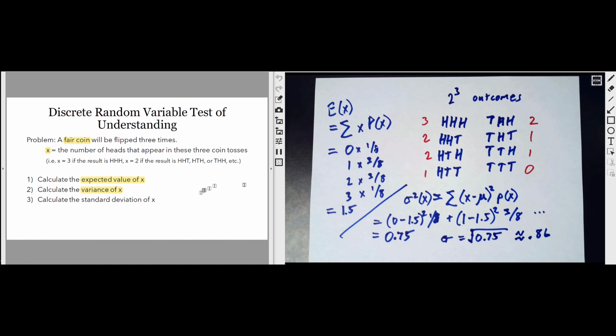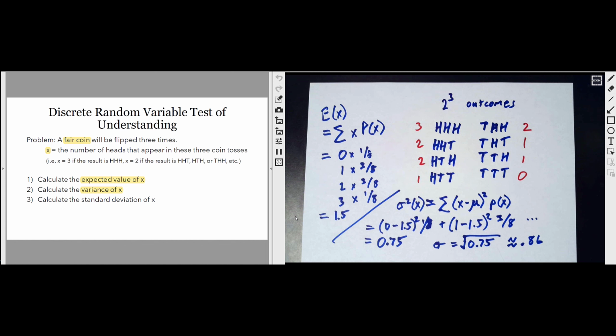discrete random variable follows a binomial distribution? We're simply counting the number of successes, the number of heads. So let us apply the formulas that we talked about in the previous module that should give us the same answers as what we got here by cranking it out manually. All right?